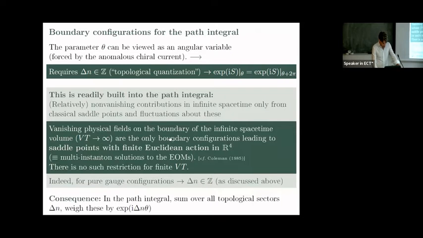And then by the arguments that I've given before, these vanishing physical fields at the boundary of infinite volume are pure gauges. And for these pure gauges, as we have seen last time, no matter whether these pure gauges are the limit of BPST instantons or just pure gauges from whatever configuration is inside, we know that we get Δn to be an integer number.